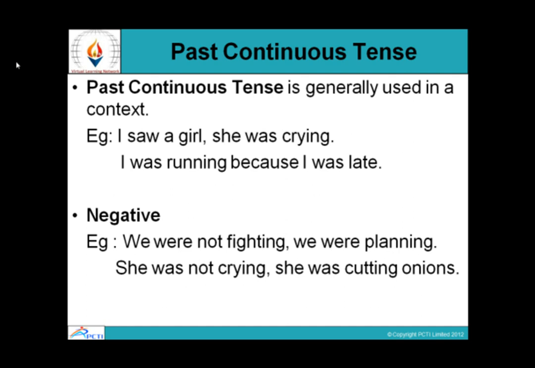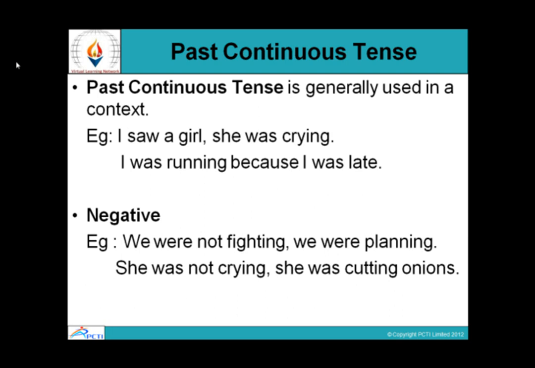Past continuous tense is generally used in a context. And what does that mean? Let's try to understand through a few examples. I saw a girl. She was crying. Here the sentence in the past continuous tense is she was crying.